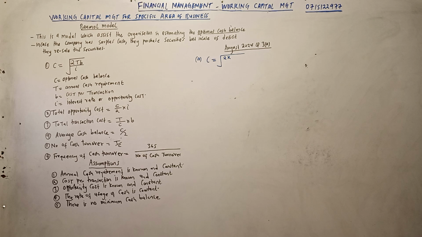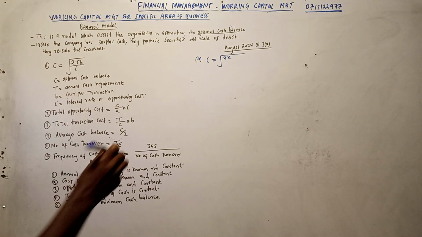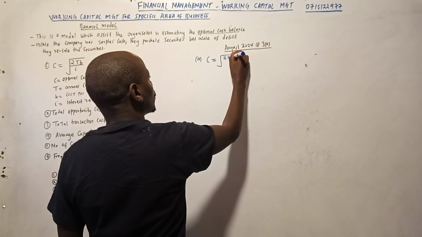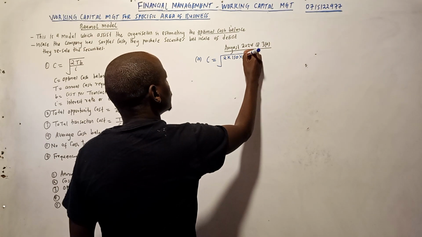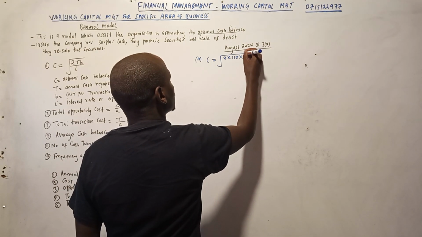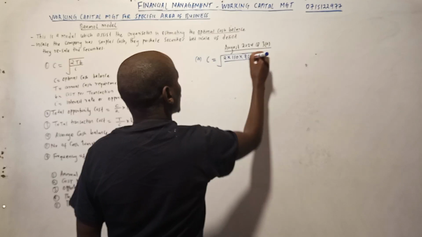The cash outlay is the total annual cash requirement, which is 150 million, times B, the cost per transaction, 7,500, divided by I.